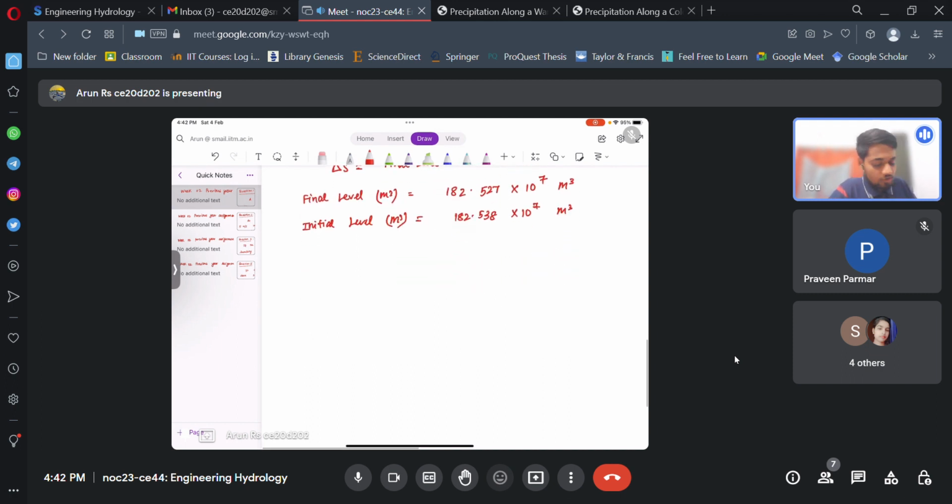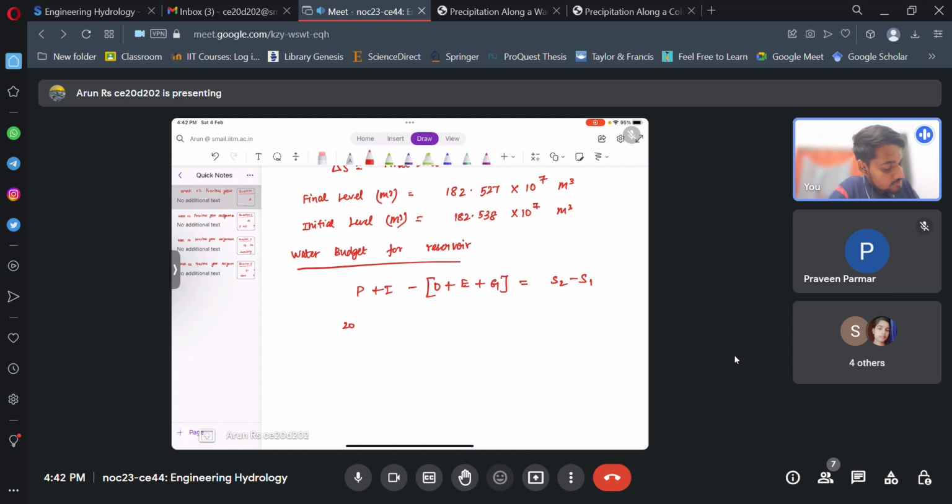So now we can apply this equation. Precipitation plus inflow minus outflow from the reservoir plus evaporation plus seepage to the ground equals final level minus initial level.